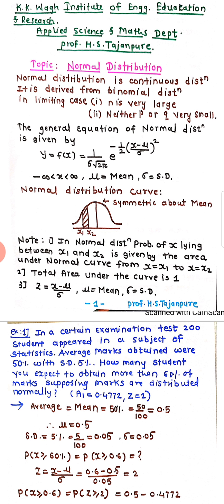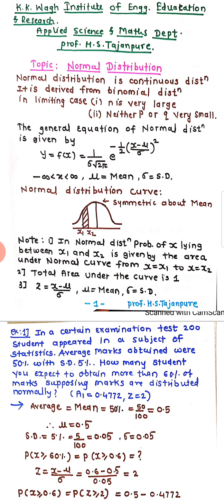In short, finding the probability is nothing but finding the area between the two points. The second point: the total area under the curve is always equal to 1. You can see that the total area of that curve is always 1.